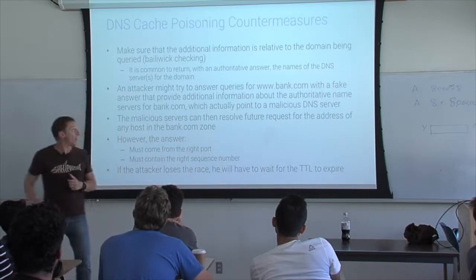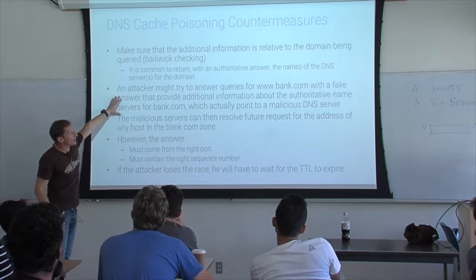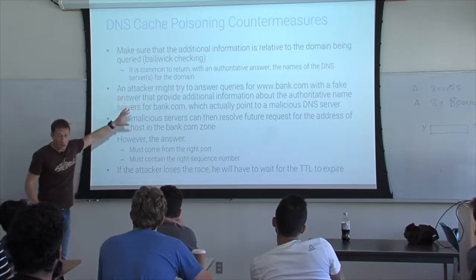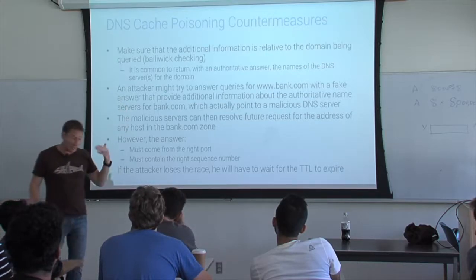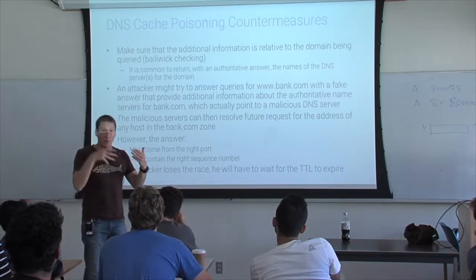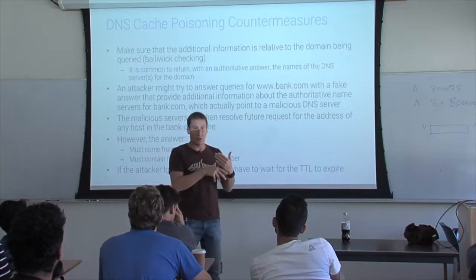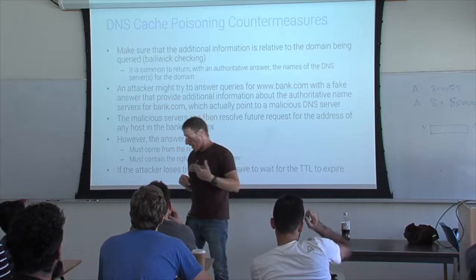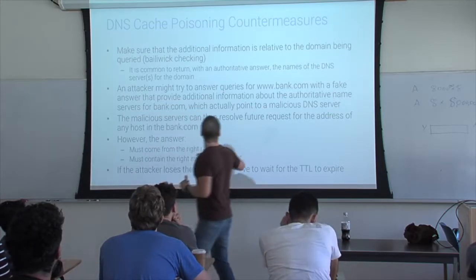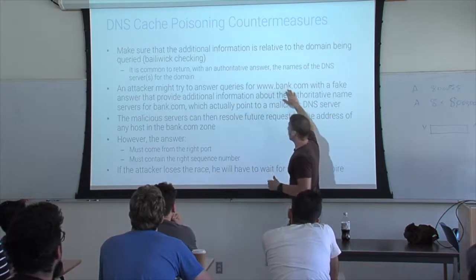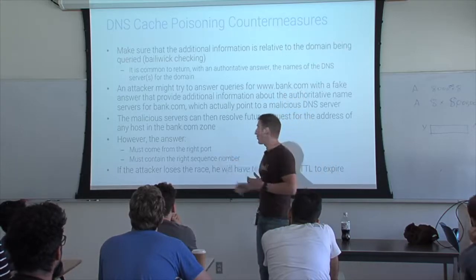can try anyway to do it by answering a query that comes for a specific host with fake replies that have additional information for that host. So for example, if somebody is asking, oh, where is www.wellsfargo.com or bank.com?